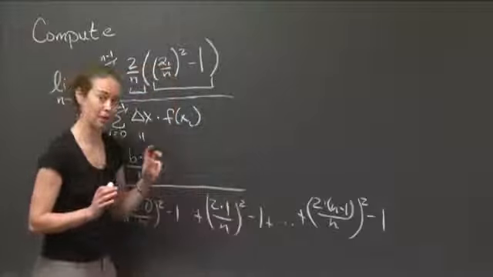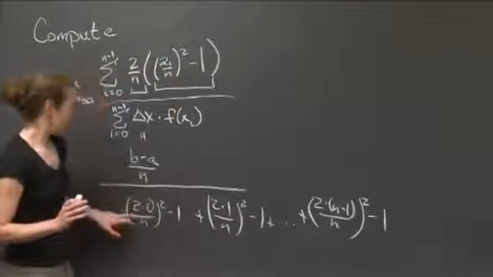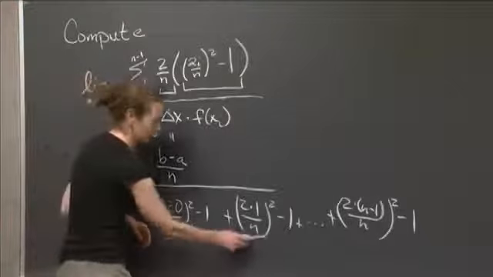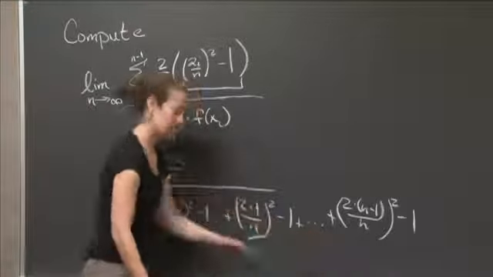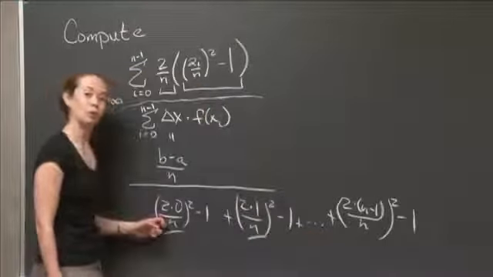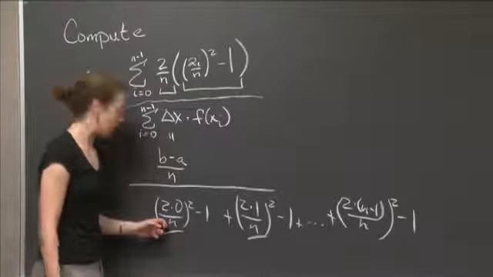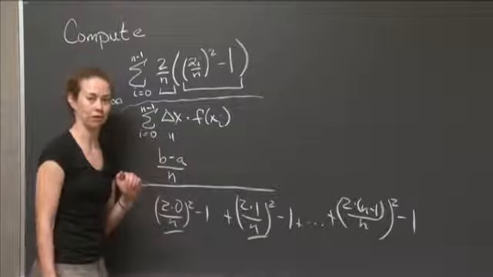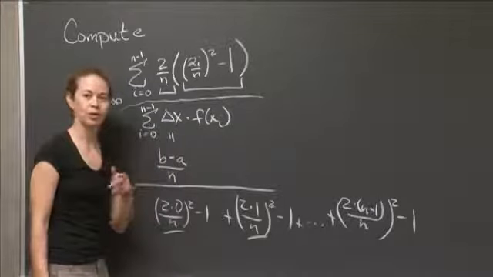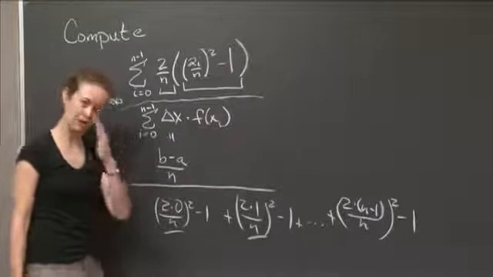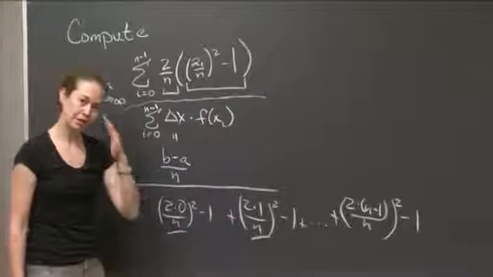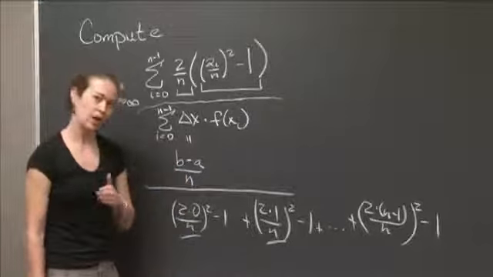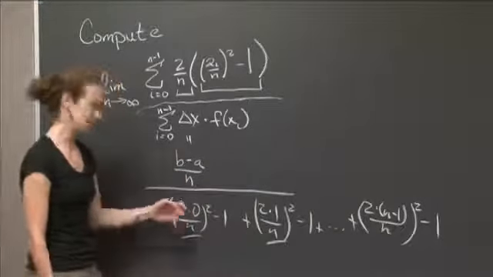Let's come back and talk about one more thing. The one other thing that you should notice is how does this value differ from this value and the next and the next and the next? They differ by 2 over n. So each time, whatever input I had previously, I'm now adding 2 over n to the next input. And that should make sense with what we know about Riemann sums, because what I do is I divide my interval into these subintervals of length 2 over n, and I'm evaluating at one x value, starting in this case at 0.